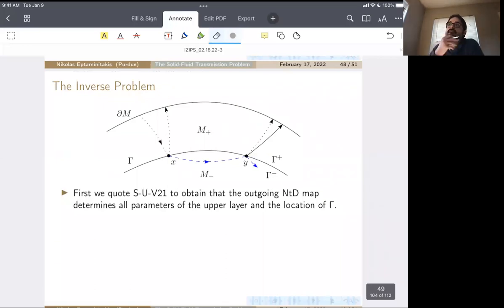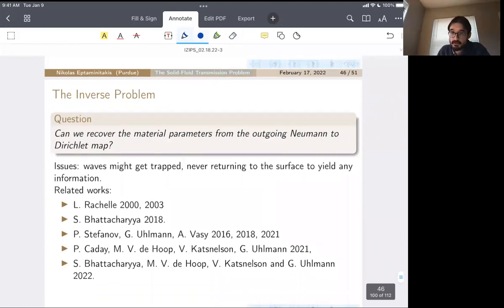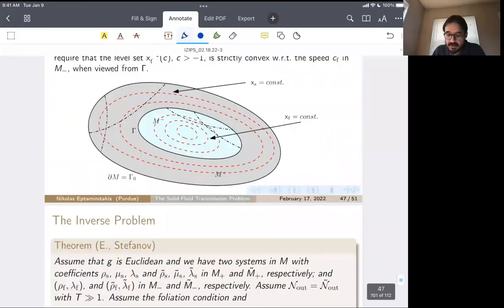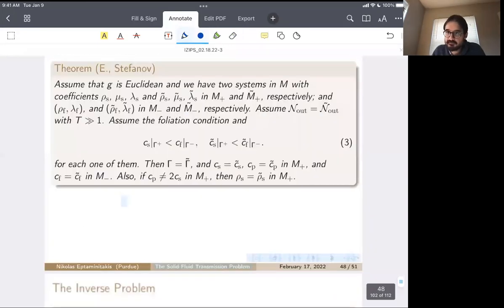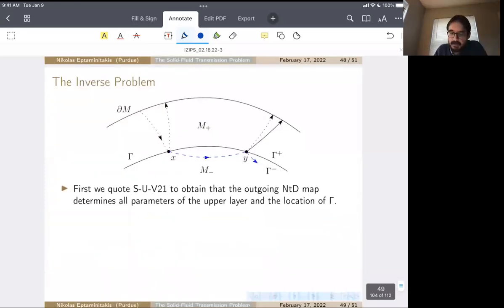And once you have the wave speeds, then the works of Rachele and the one that I mentioned by Bhattacharya, which adapts those ideas to the partial data situation, let you also recover the density in the solid, because you have those three parameters that you want to recover, and generally the density is more difficult to get to. So that's how you get the first layer.